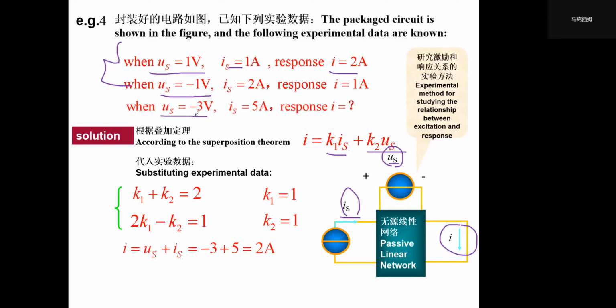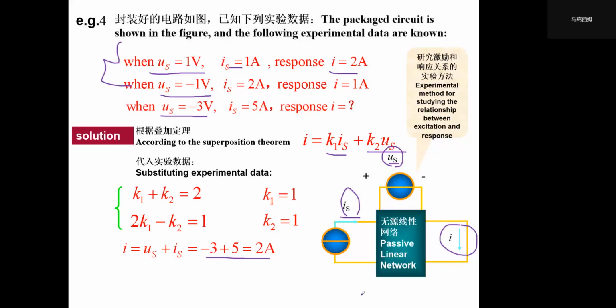So this example gives us a very interesting result that sometimes you don't even have to know what's inside a network. We still could have the right result on the particular port of the passive network.